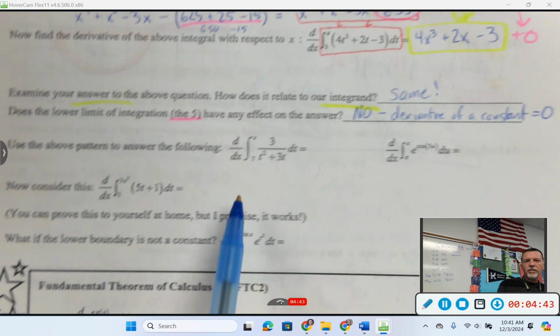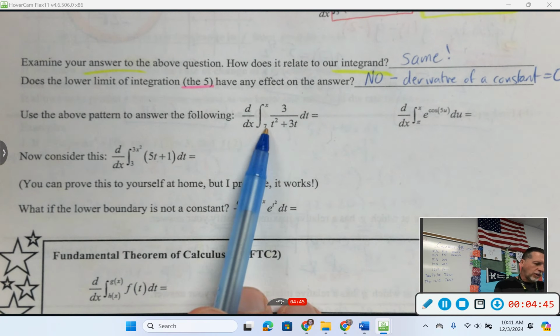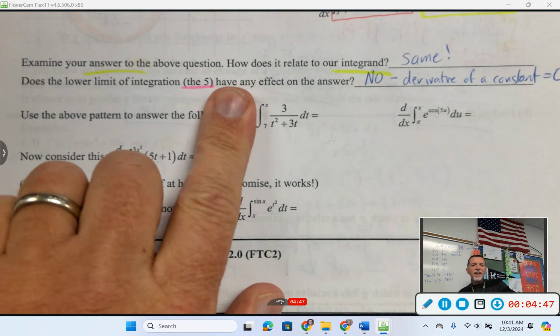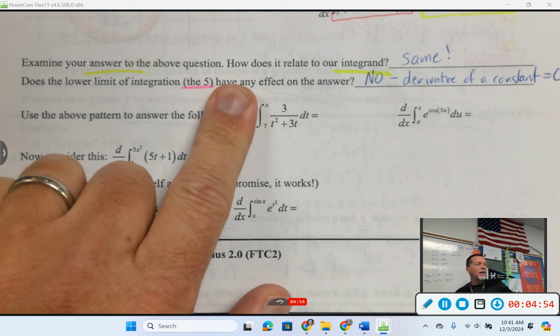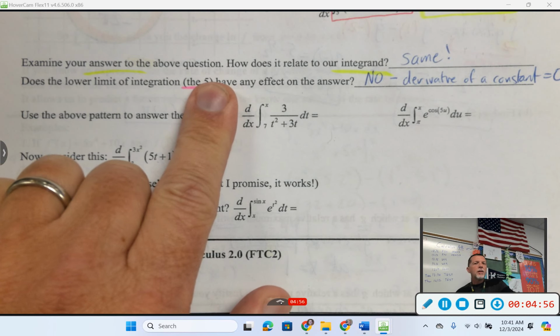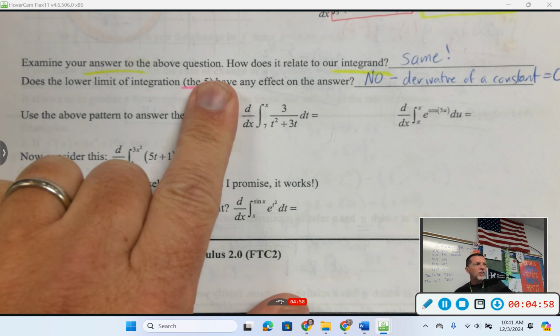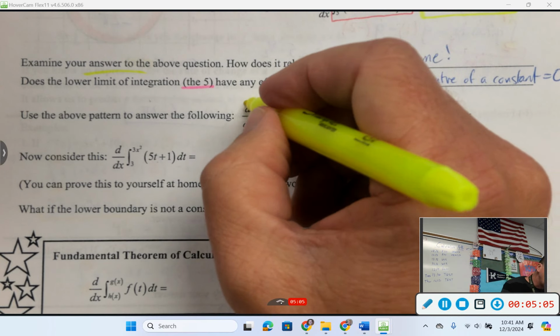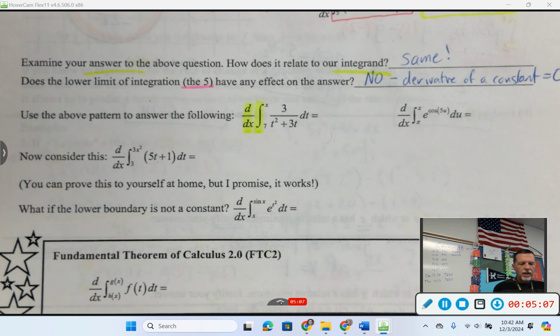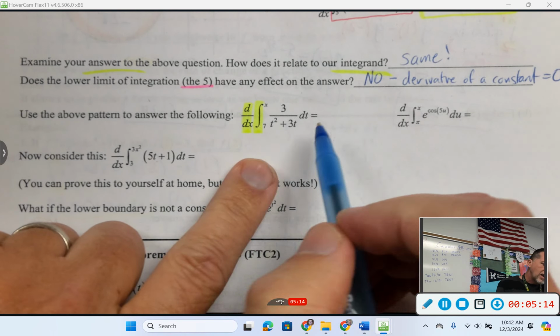Let's see if we can follow the same pattern here to answer this one. Okay, if you tried to take this one step at a time, it would be really hard because you'd have to figure out the antiderivative of something we don't know how to take the antiderivative of. But if you hear both instructions at the same time, take 2 steps forward and 2 steps back, then realize, wait a minute, that's kind of undoing what we just did.